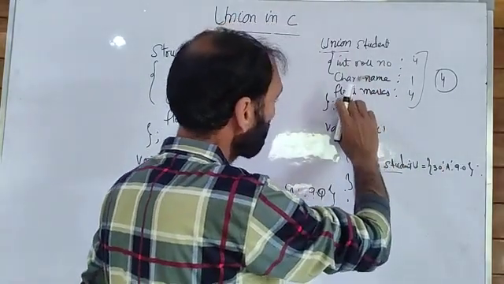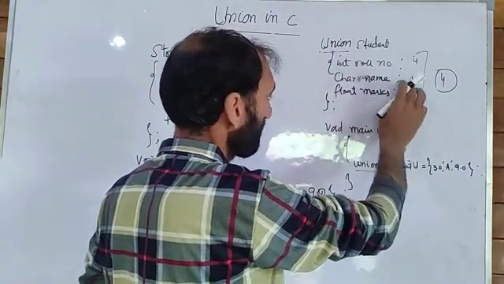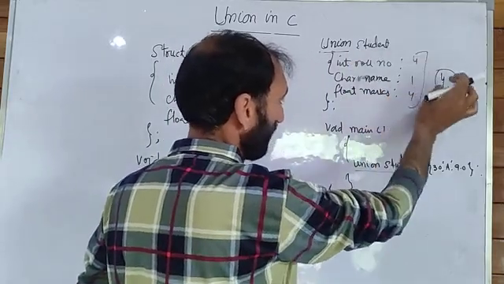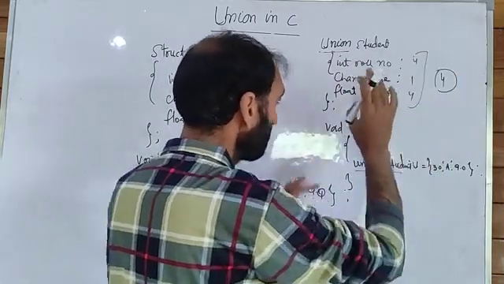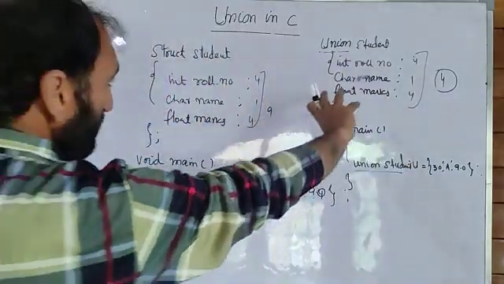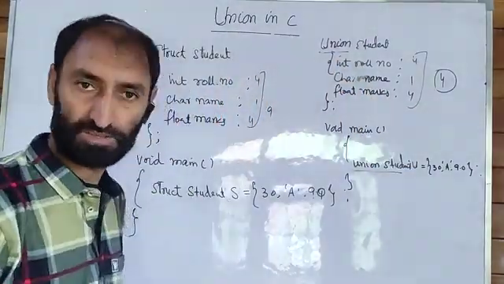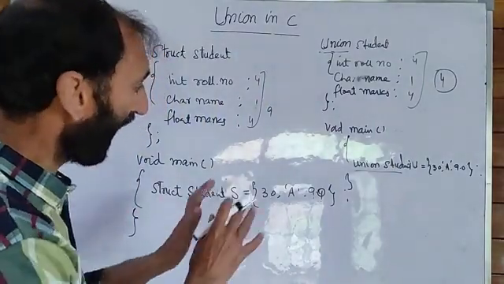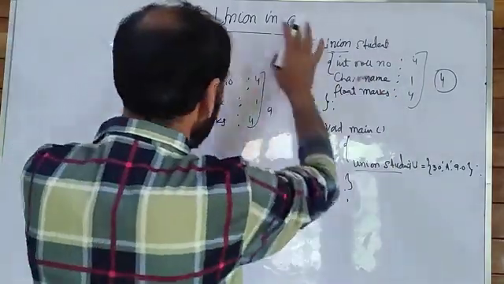We know that float occupies 4, name occupies 1, and roll number occupies 4, and the highest is 4 bytes of memory. Only 4 bytes of memory will be allocated by the memory manager for this union. Okay, now the question is how the memory is going to be shared by these members.